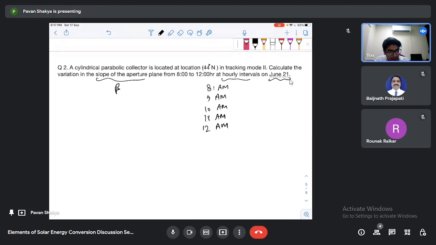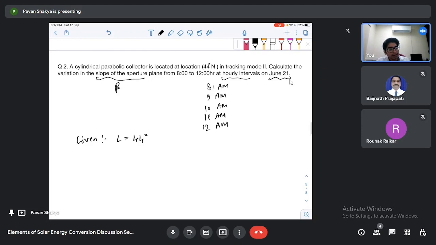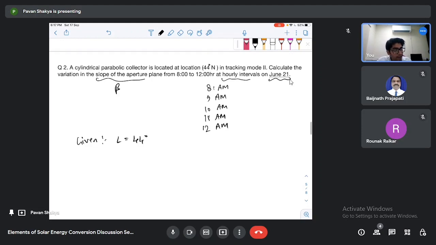First, in the problem, the latitude, that is 44 degree, is given. Next, the day, that is 21st June, is given in the problem. From this, we can compute the angle of declination, that is delta.